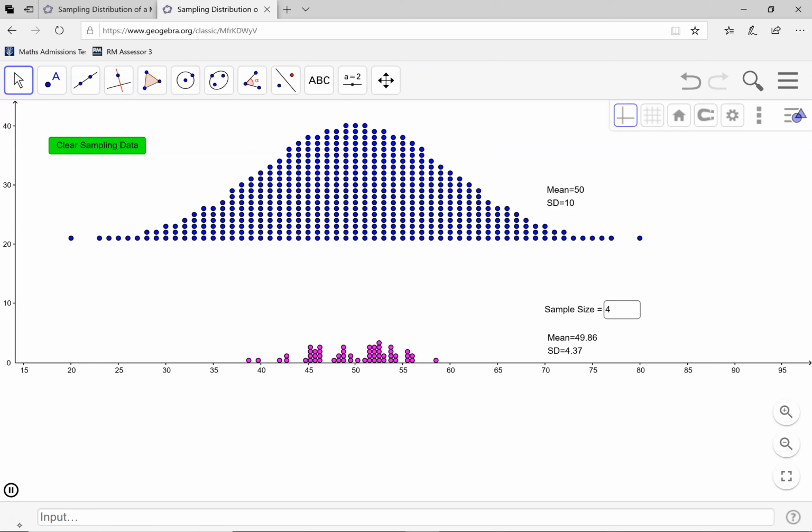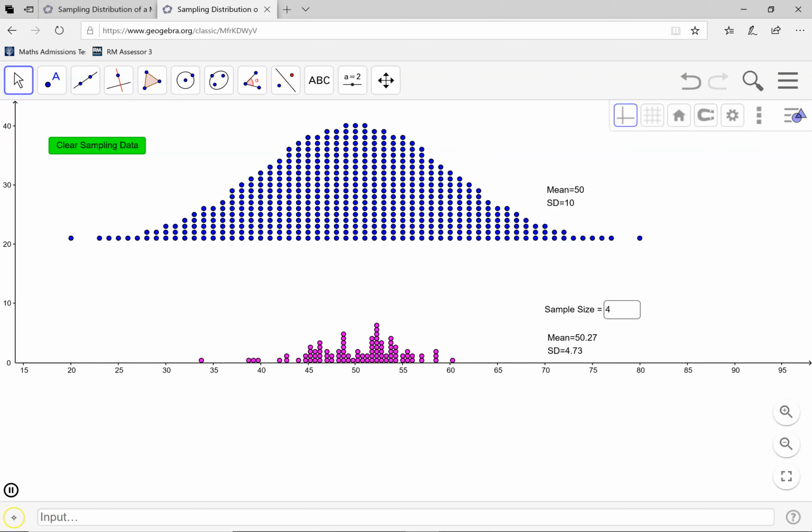Of course, we can carry on this forever, and it becomes what's known as the sampling distribution. Okay, so I will come back to the algebra now, and maybe come back to that later and see how it's looking.